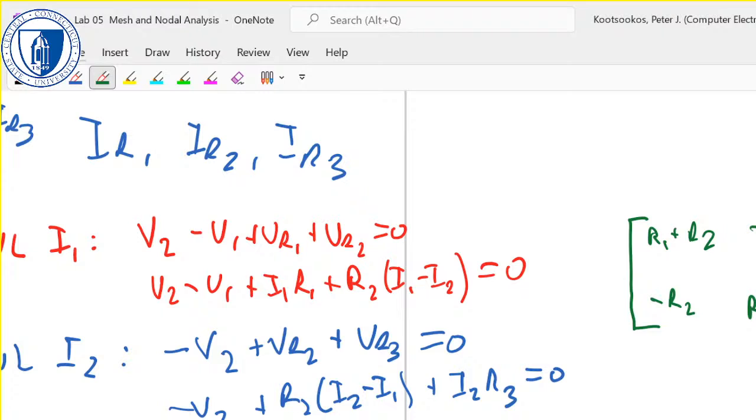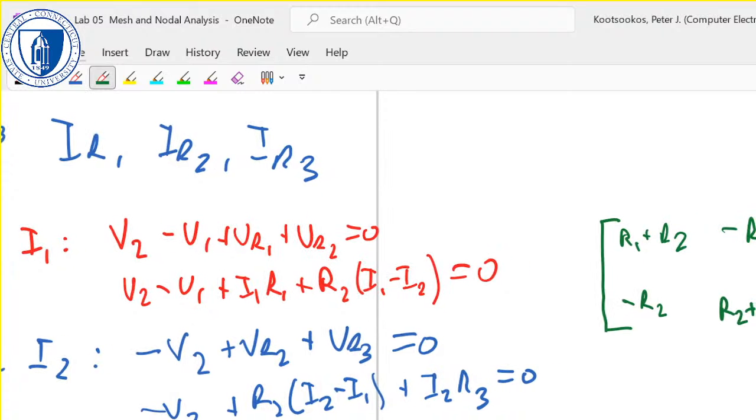And on the other side it's V1 minus V2 and just V2. So depending on your R1 and R2, your V1 and V2, you can solve for what I1 and I2 is.